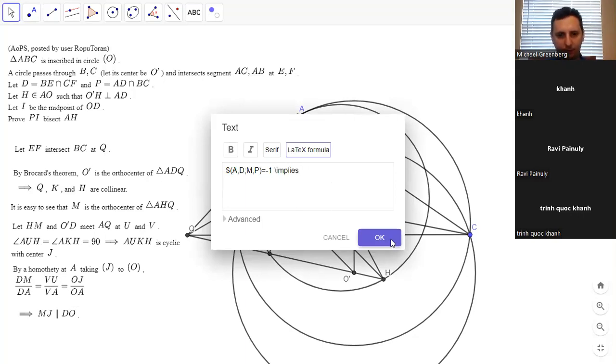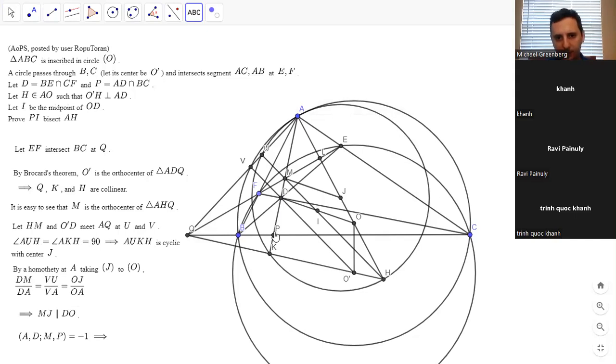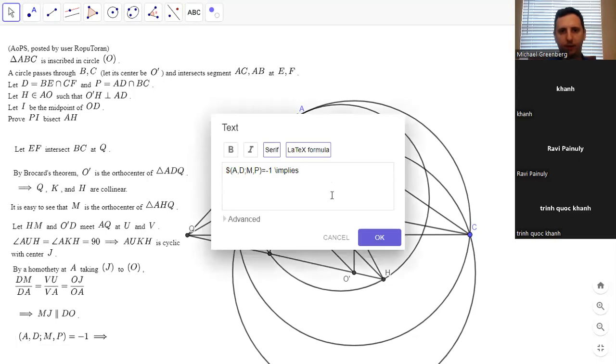So that basically means that PD over PA is equal to MD over MA.